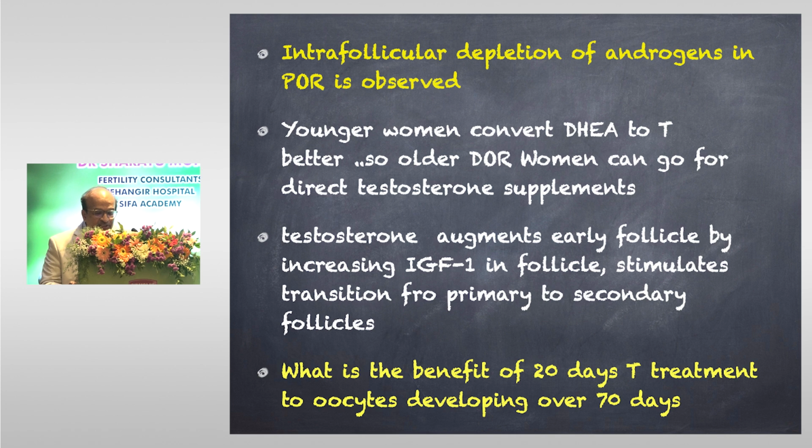So older diminished ovarian reserve patients can go for direct testosterone supplements. If your lady is 39 or 40 and you're giving DHEA, she lacks the enzyme to convert DHEA into testosterone, which in turn stimulates the growth. So the older the lady, it's better to give testosterone directly. For a younger lady with diminished ovarian reserve, you can give DHEA.